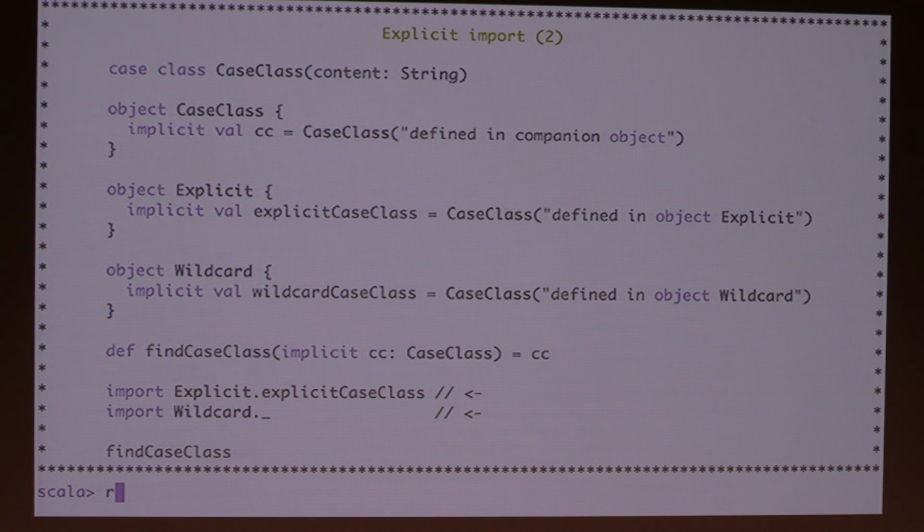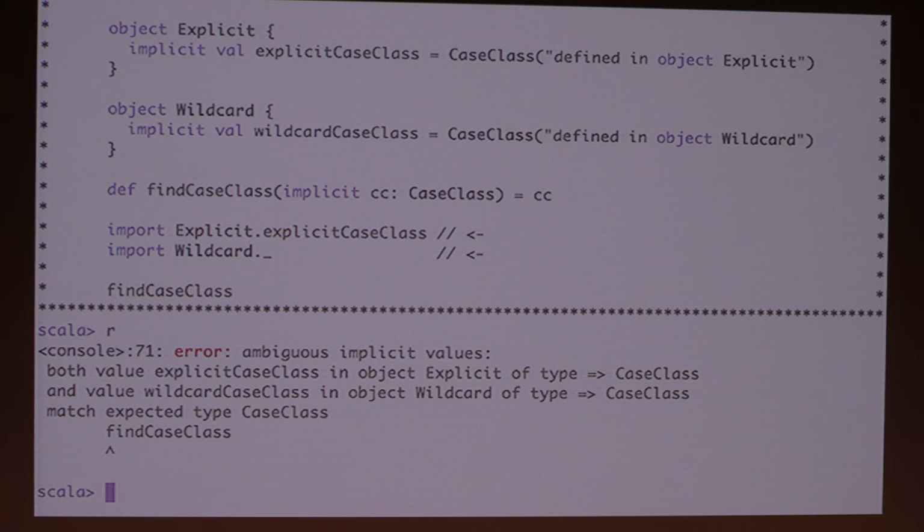Well, this was a bit of a trick question because I left out the option that it doesn't work. Now it's available with a simple name for both of them, because the wildcard import makes it available under the simple name as well, same as the explicit import. So the compiler cannot decide what to pick here, so it will give you a compiler error and you have to fix this yourself.